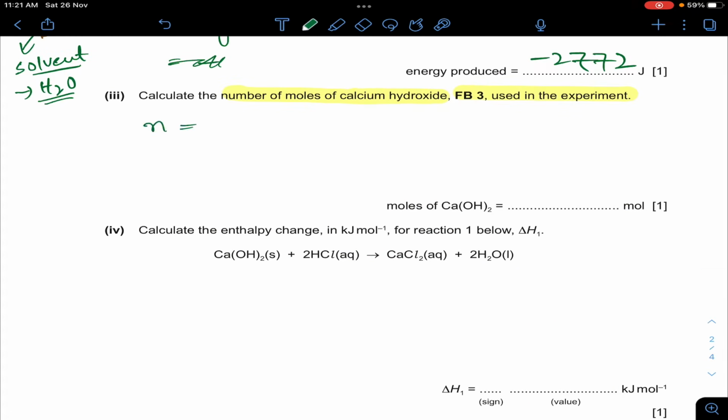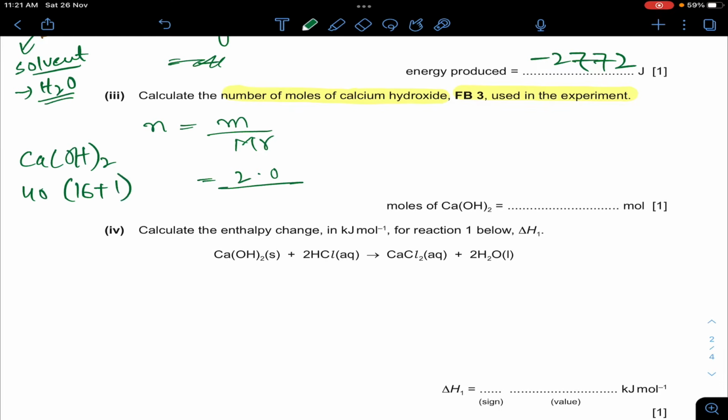Mole is equal to given mass upon Mr. We have used 2 grams divided by the molar mass of calcium hydroxide, Ca(OH)2: calcium 40, oxygen 16 plus 1, 17, into 2. So that would be 34 plus 40, 74. So 2 divided by 74 is 0.027 moles of calcium hydroxide.